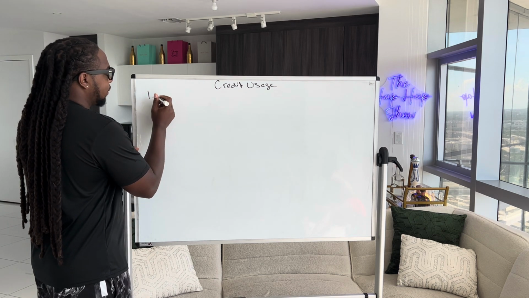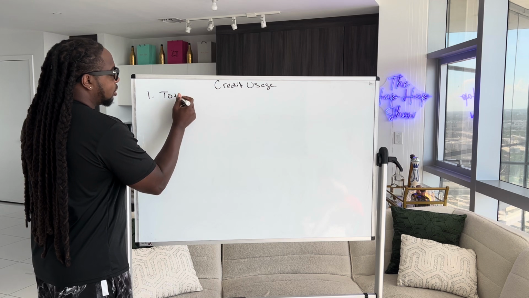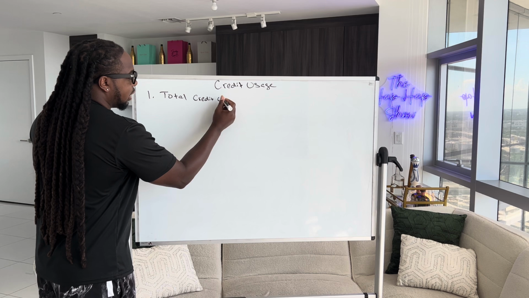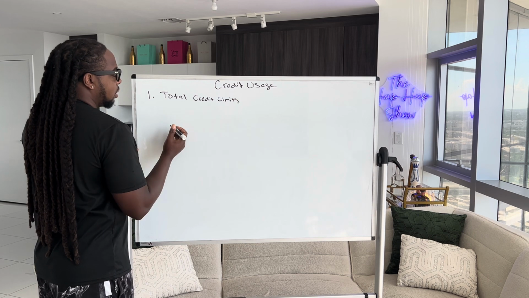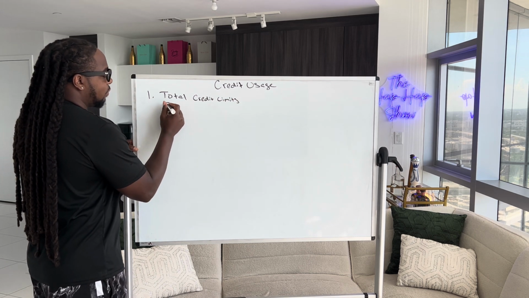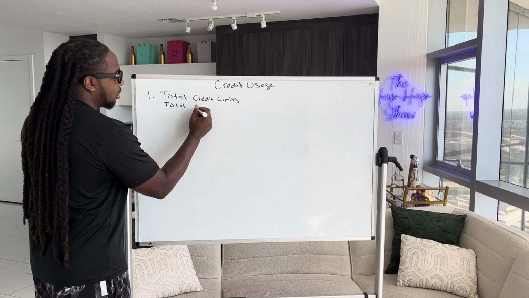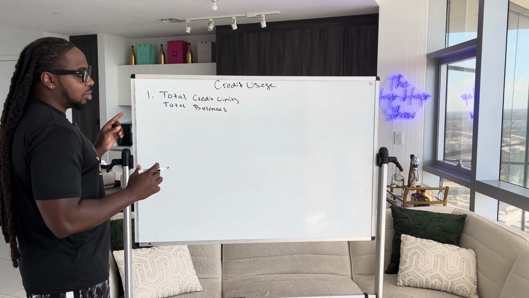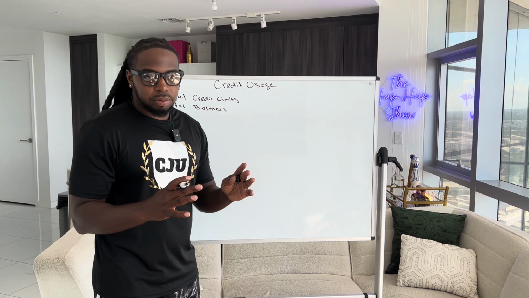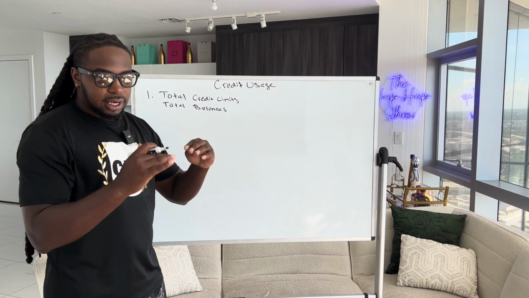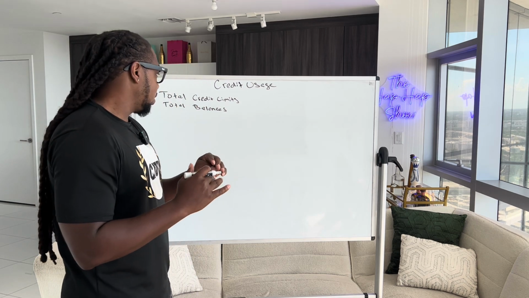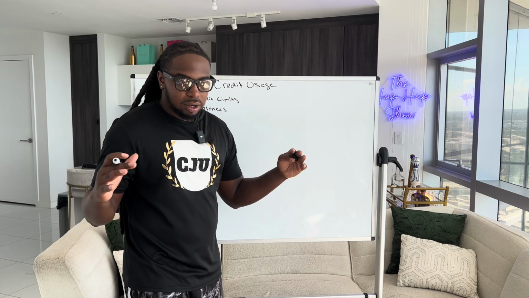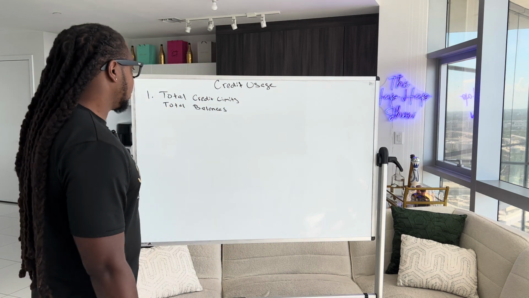Number one, you have your total credit limits, and then you also have your total balances. So they just taking all the credit cards on your profile and every credit limit on every credit card, and it's your total credit limit. And then they're gonna take the balance of all of those, put them together, and get you your total balances.